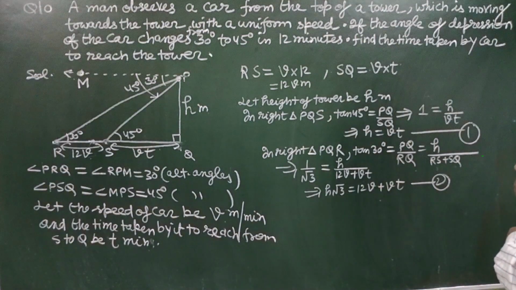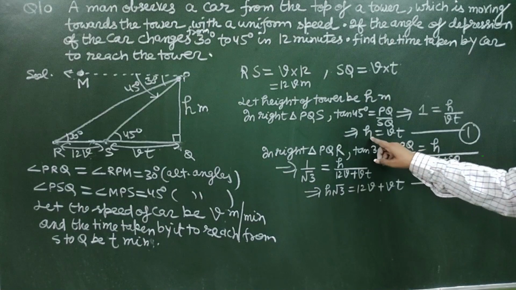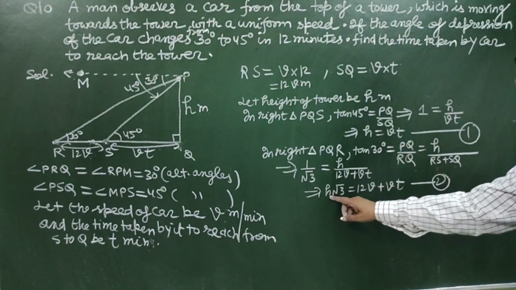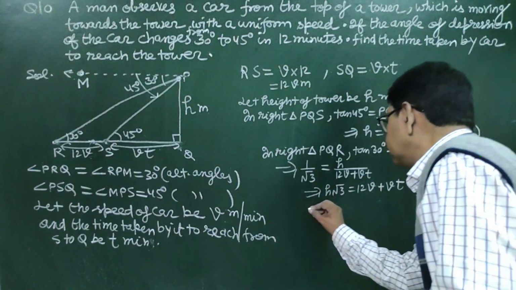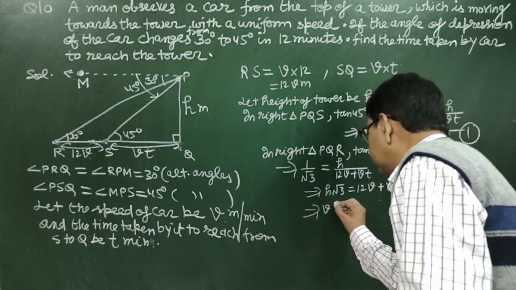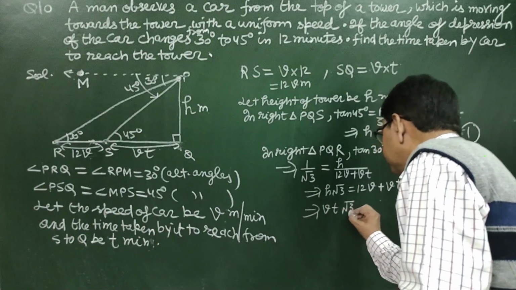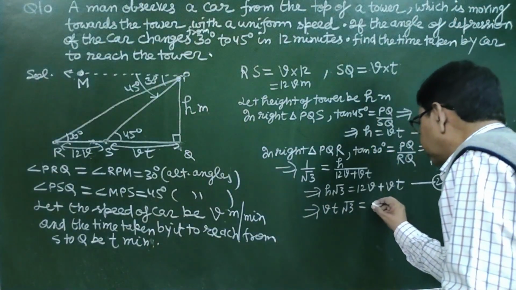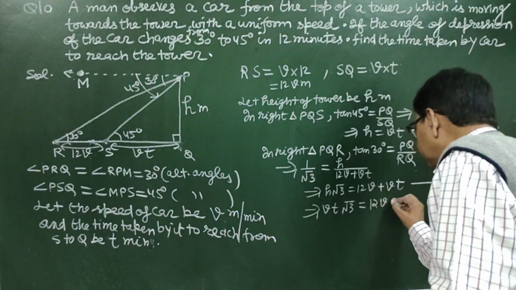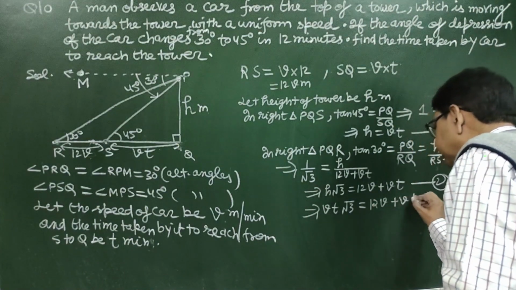Now we want to calculate the value of T. If we put the value of H equal to VT here, we get VT root 3 is equal to 12V plus VT.